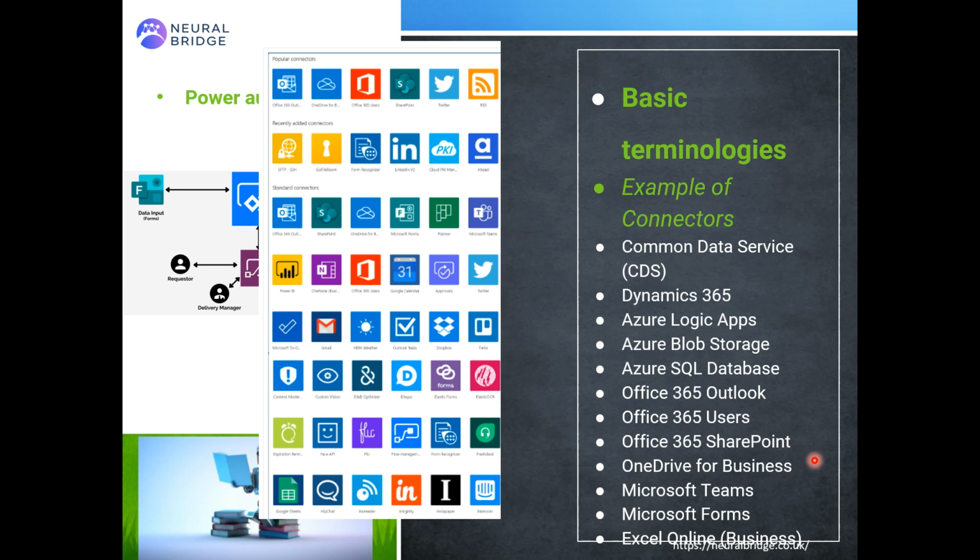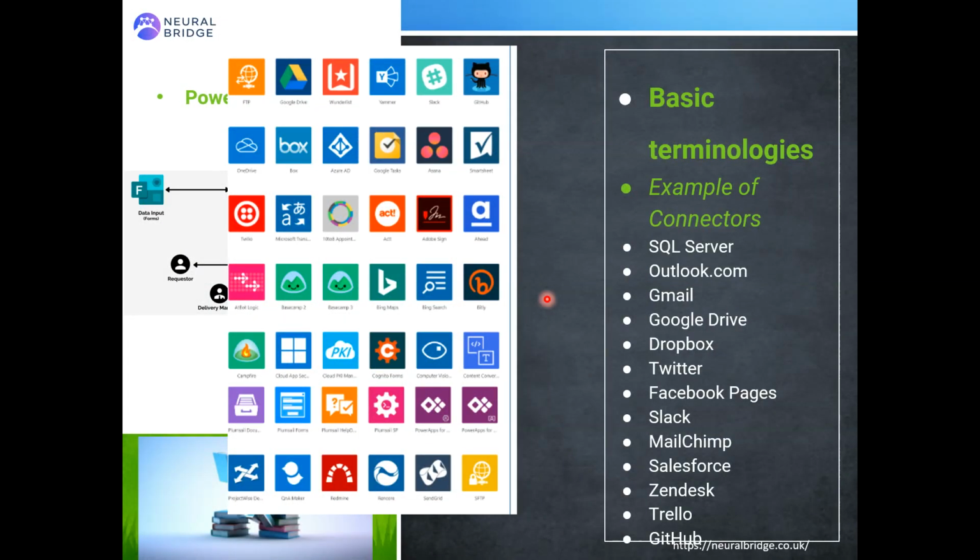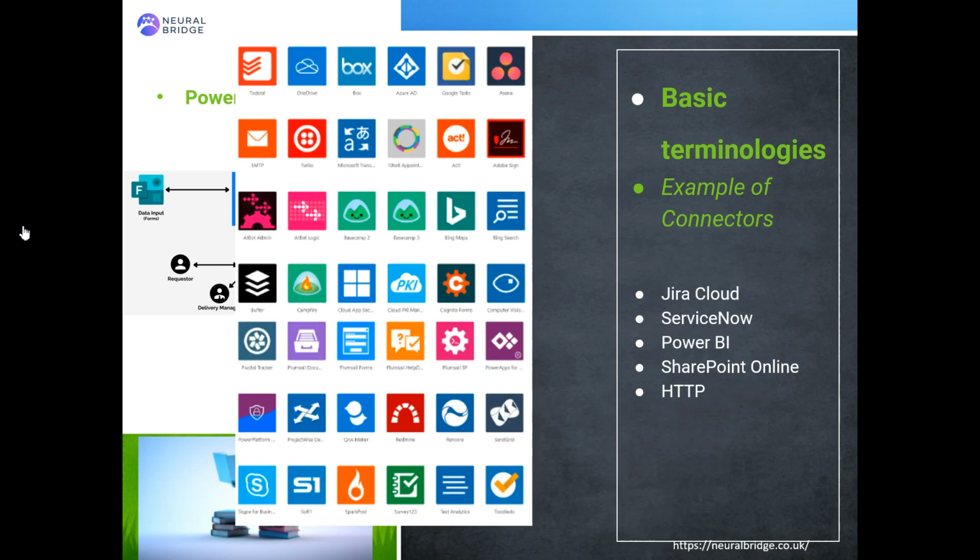So we have Dynamics 365, Azure Logic Apps, Azure SQL databases, Office 365, Outlook, users, SharePoint, OneDrive for Business, Microsoft Teams, Microsoft Forms, Excel Online, etc. Gmail. So all these are considered connectors. SQL Server, Outlook.com, Gmail, Google Drive, Dropbox, Twitter, Facebook pages, Slack, MailChimp, Salesforce, Trello, GitHub, etc. We have also Jira Cloud, ServiceNow, Power BI, SharePoint Online, and HTTP.